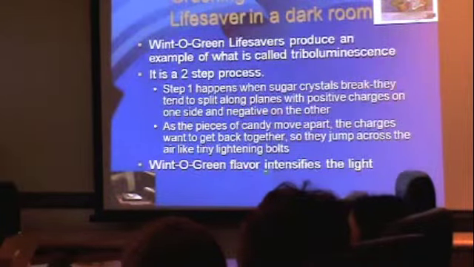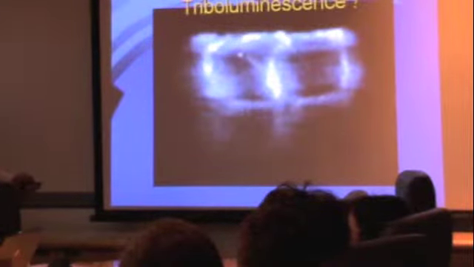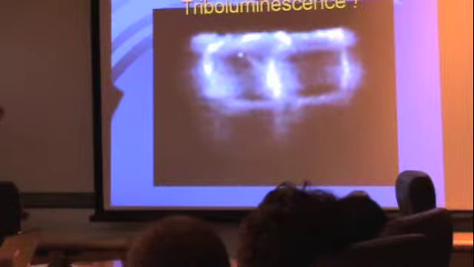Wintergreen flavor intensifies the light. This is a normal thing you can see with a Wintergreen Lifesaver. This is a picture taken when a hammer hits a wintergreen candy, and you see the lights like that.